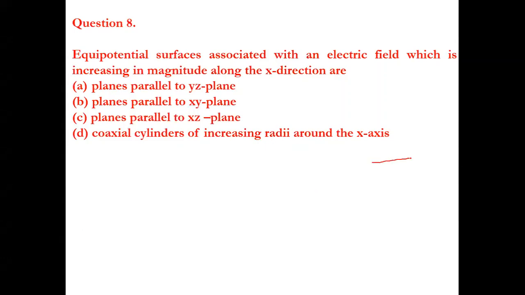So along x direction, if you take a straight line, you know that the equipotential surfaces are perpendicular to the field direction, right? So now in these planes, yz, zx, xy, which is the plane which is perpendicular to the x-axis.